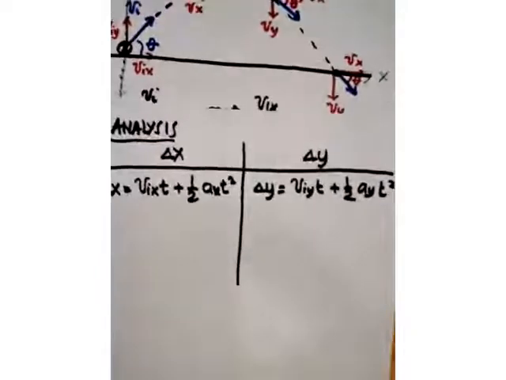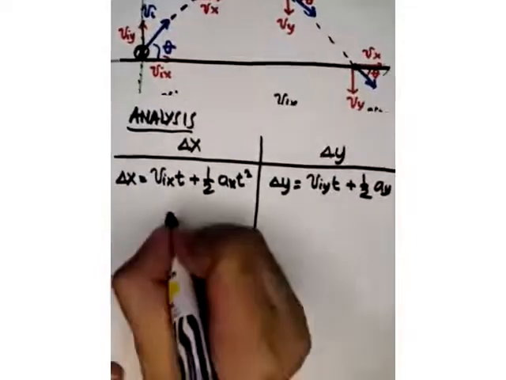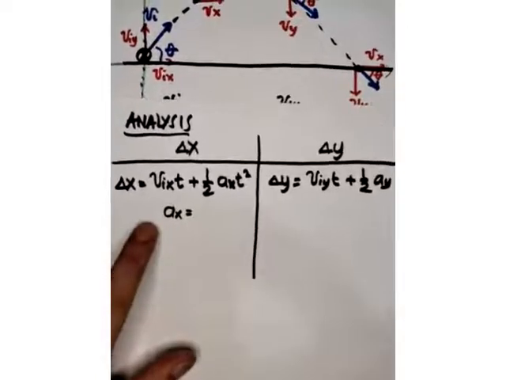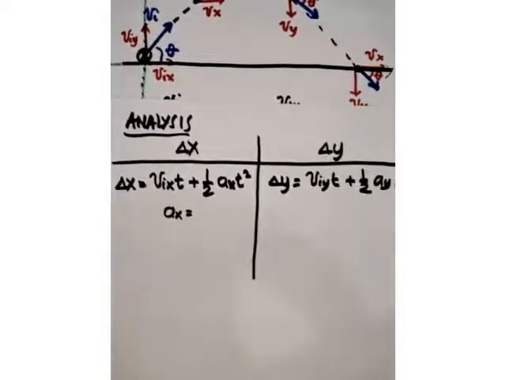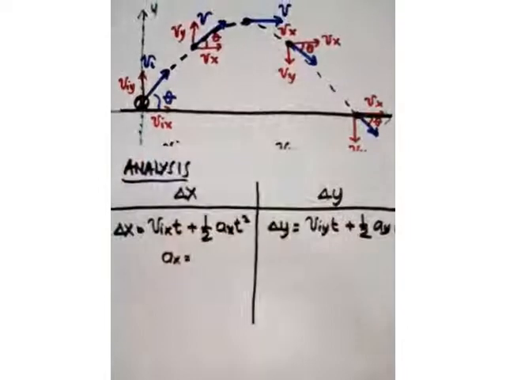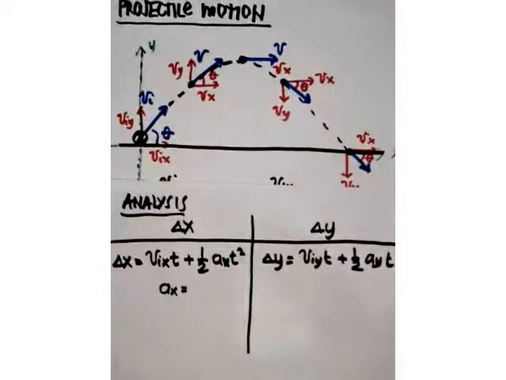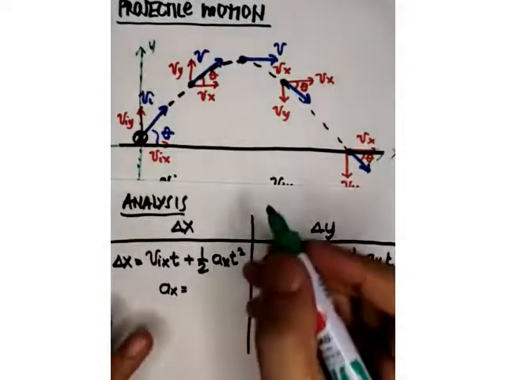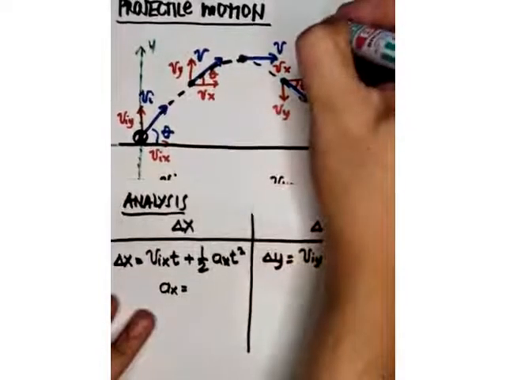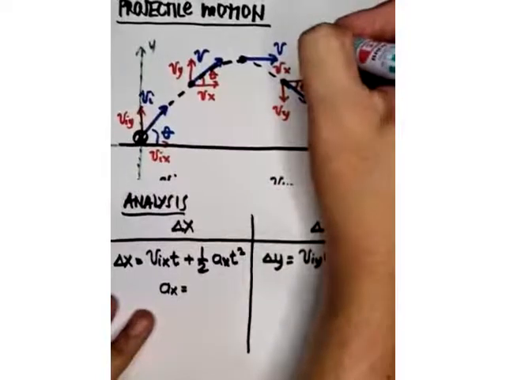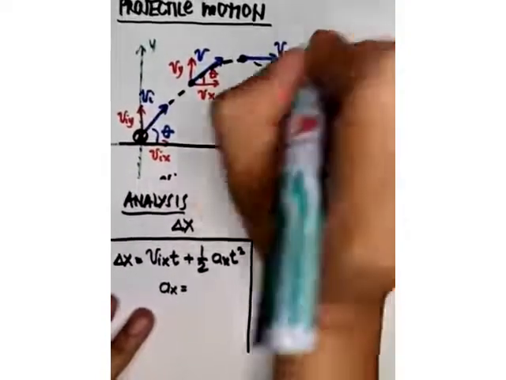Question. Ano ang acceleration along X? Based doon sa nasabi natin kanina, saan lang nag-accelerate yung projectile motion natin? Based on sa module, ang acceleration niya is only due to gravity because the only force acting on it without air resistance is gravity.